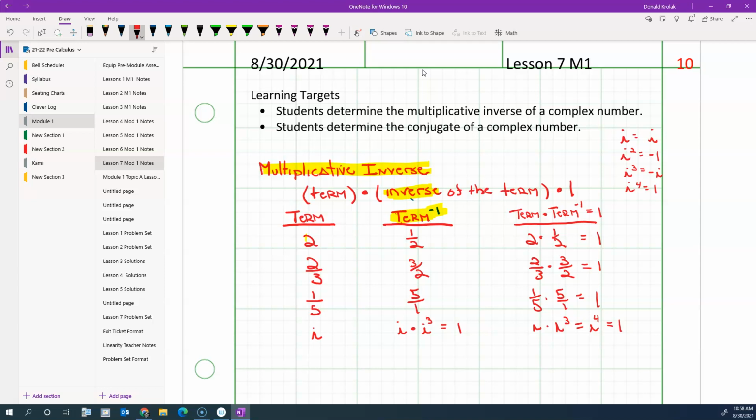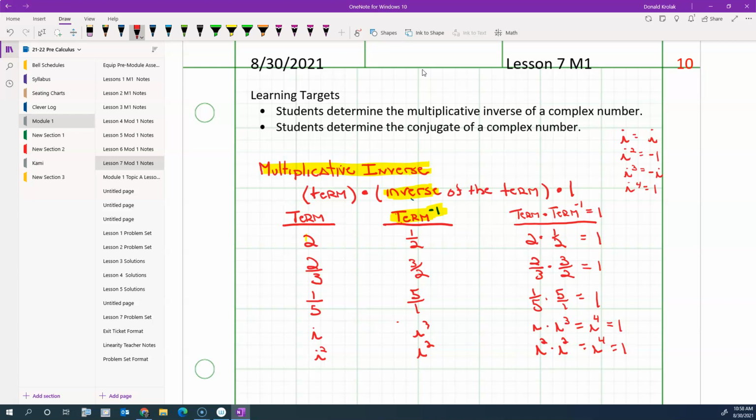Okay, how about i squared? So let's see, we said this one was i cubed. This would be i squared. If we took those two and we multiplied them, we'd get i to the fourth, which is 1.